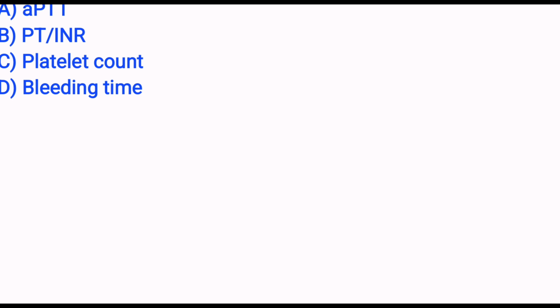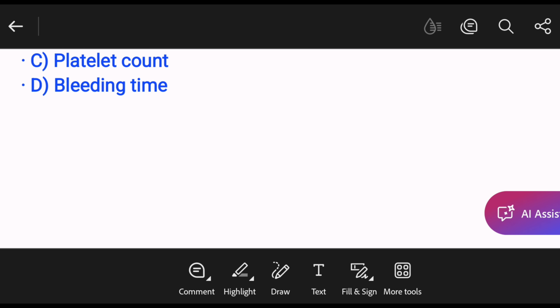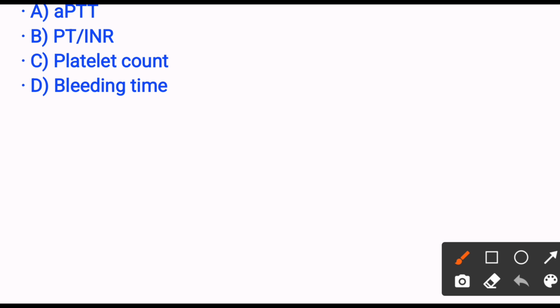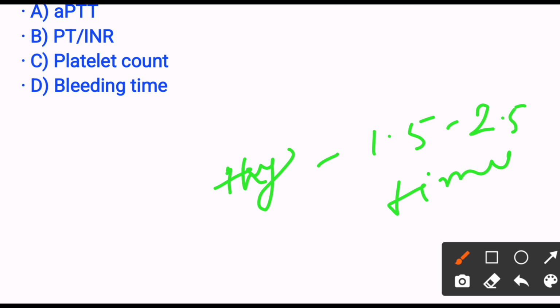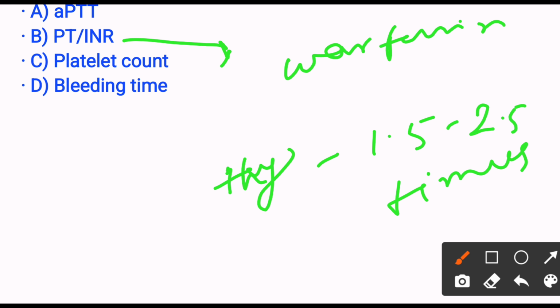The therapeutic level is 1.5 to 2.5 times control, to minimize the bleeding risk. PT INR is used for warfarin, platelet count monitors for HIT, and bleeding time assesses platelet function. So the answer is option A.